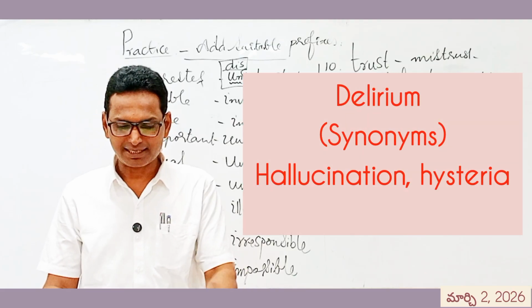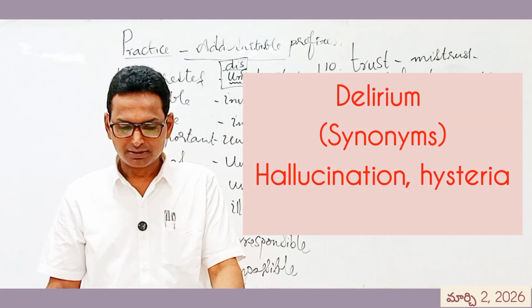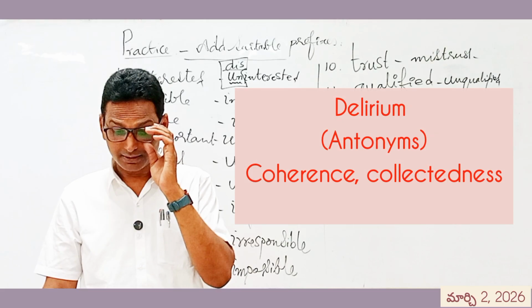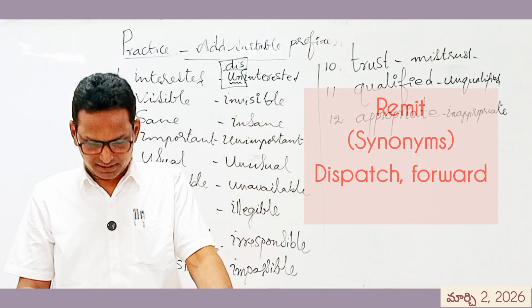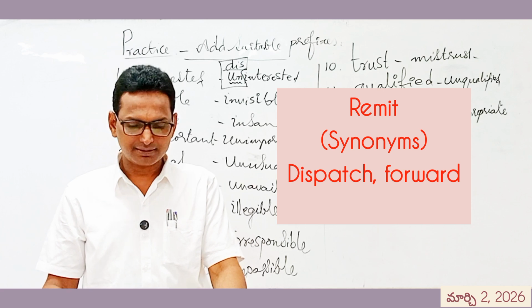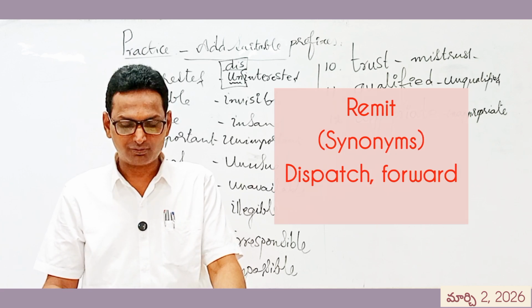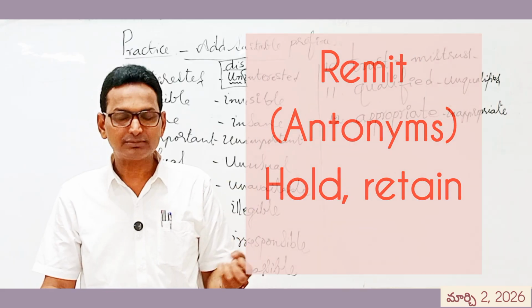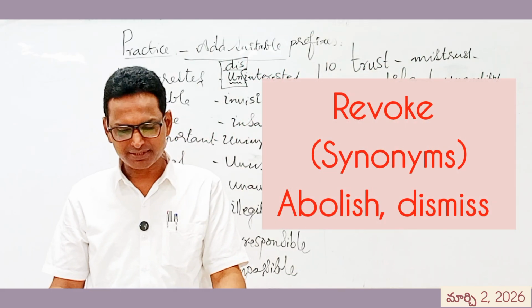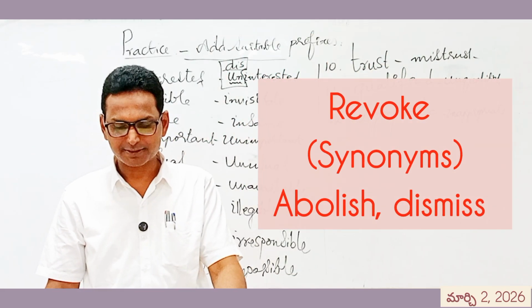Delirium. Synonyms: hallucination, hysteria. Antonyms: coherence, collectedness. Remit. Synonyms: dispatch, forward. Antonyms: hold, retain. Revoke. Synonyms: abolish, dismiss.